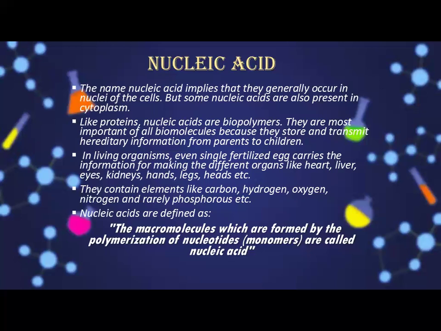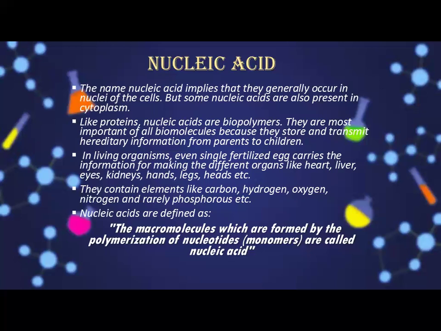The third point is that in living organisms, even a single fertilized egg carries the information for making different organs like heart, liver, eyes, kidneys, hands, legs, head, etc. They contain elements like carbon, hydrogen, oxygen, nitrogen, and rarely phosphorus.